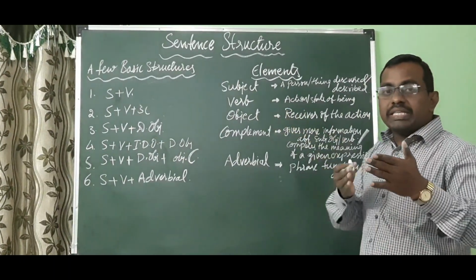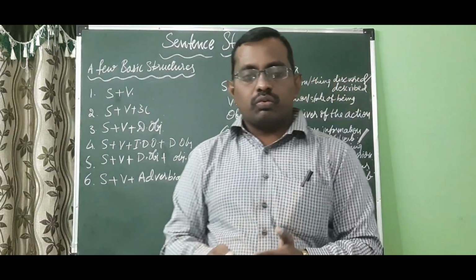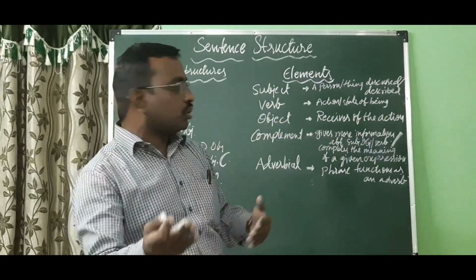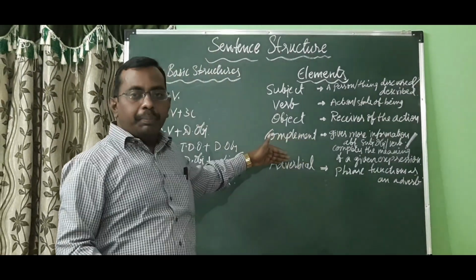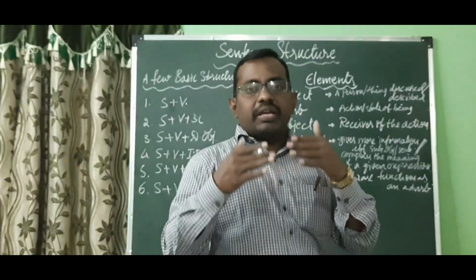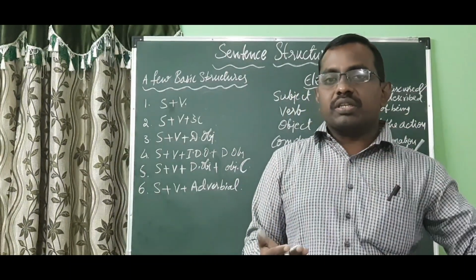Next, object. What is an object? It is the receiver of the action. It receives the action. A complement. What is a complement? A word or phrase that gives information about the sentence.